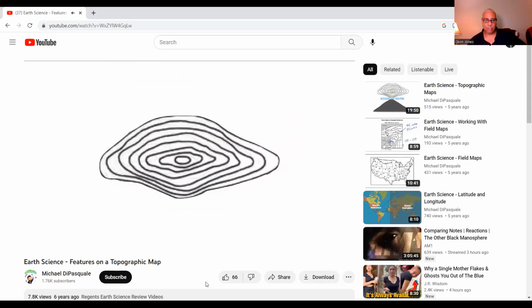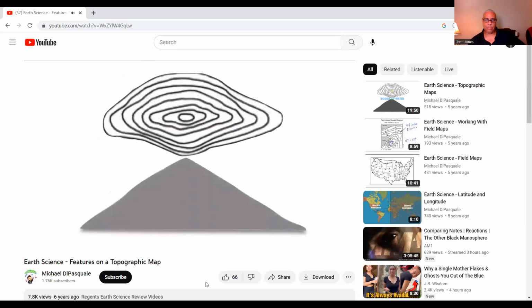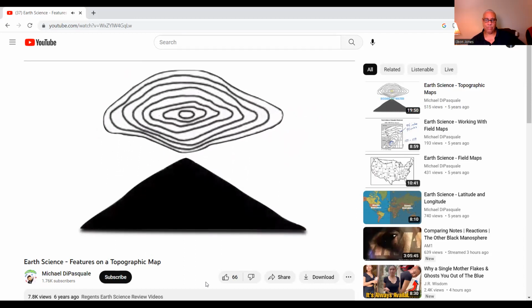To give you another example, this again is a two-dimensional shape, but when we project it into a side profile, this is the type of structure it would come to.